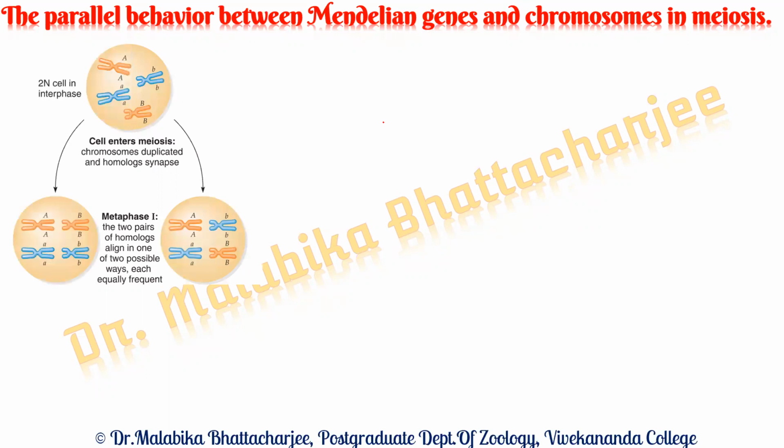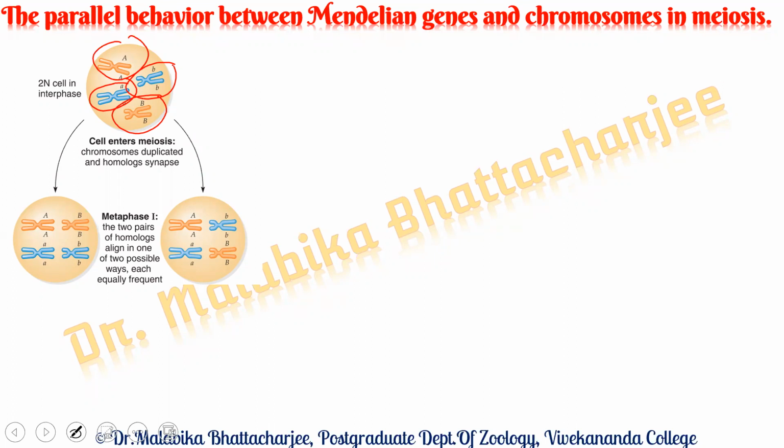Now, let us consider a hypothetical model where there is a capital A small a and a capital B small b diploid. So we have a capital A, and we have a small a. These two are metacentric chromosomes. On the other hand, let us consider another gene pair on a telocentric chromosome, capital B, small b. As the cell enters meiosis, the chromosomes get duplicated and the homologues synapse.